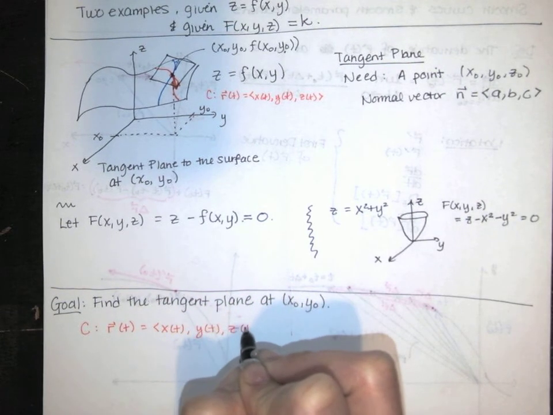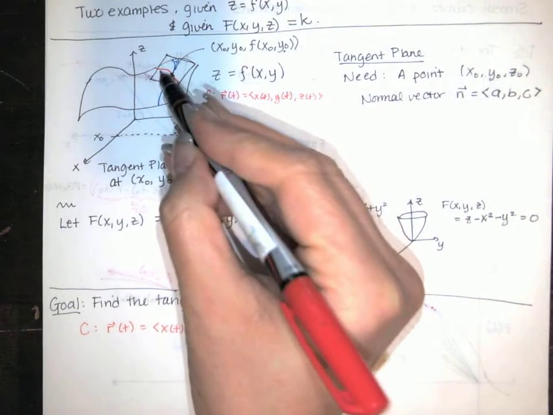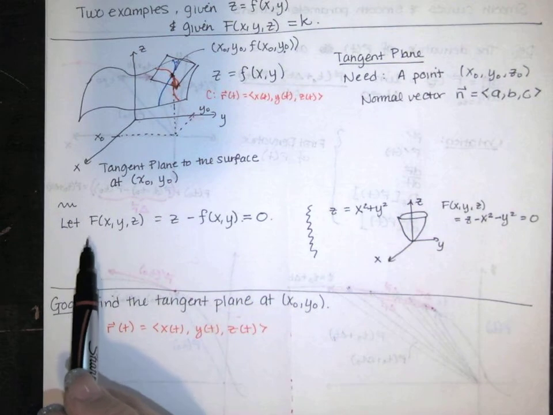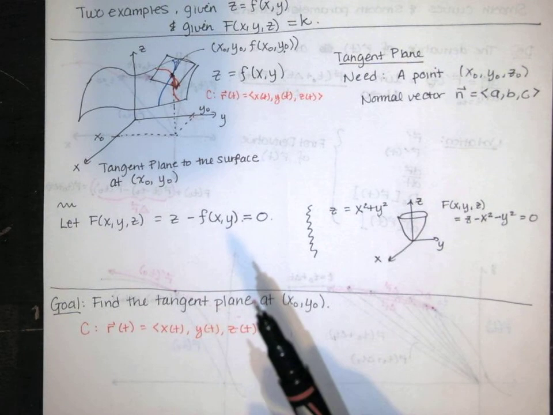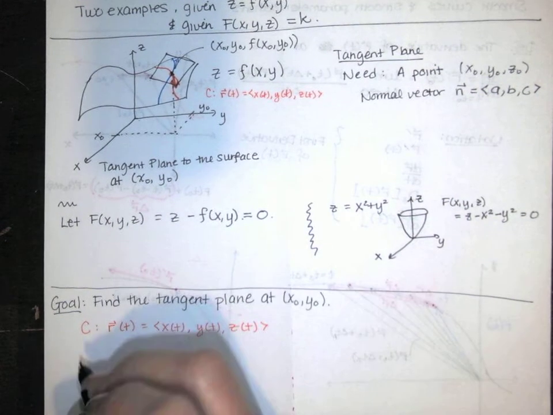We're going to take this parametric representation of this curve C that's on our surface, and we're going to compose it with this function f of x, y, and z. So we know when we're on this surface f of x, y, and z equals 0.